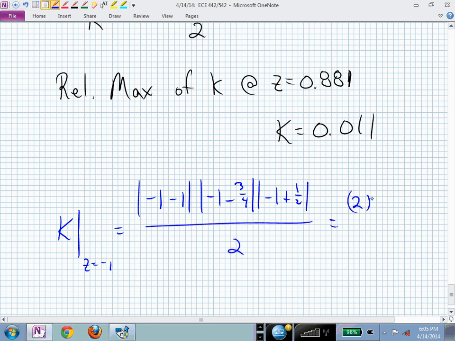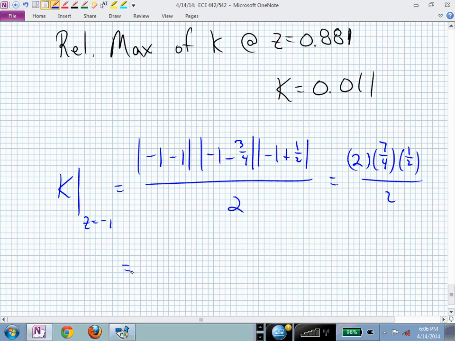And we end up with 2, 7/4, 1/2, and 2. Or a K value of 7/8.